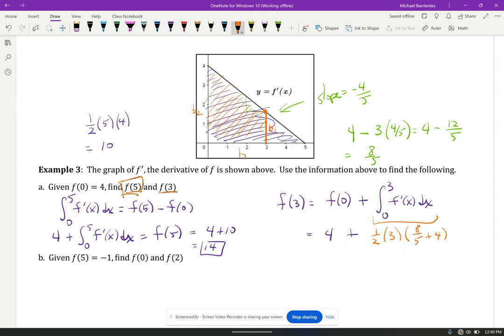Okay, all of that to give us that the answer is 4 plus 3/2 times 28/5. So that's 4 plus 84 tenths, which is 8.4.